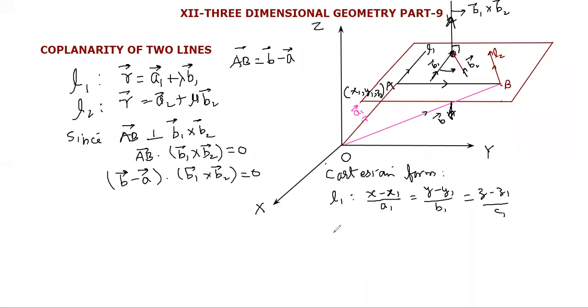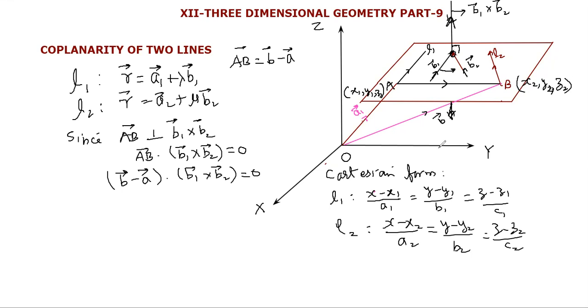Similarly, L2 will be (x minus x2) upon A2, equals (y minus y2) upon B2, equals (z minus z2) upon C2, passing through the point B with direction ratios A2, B2, C2, so the coordinates are x2, y2 and z2.